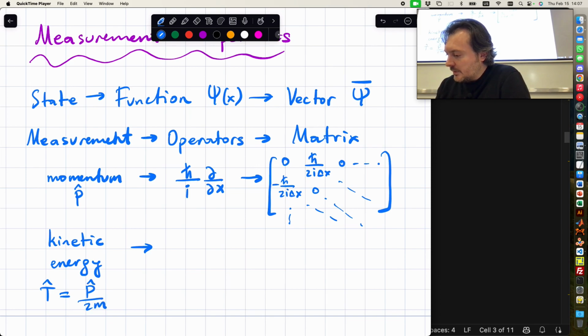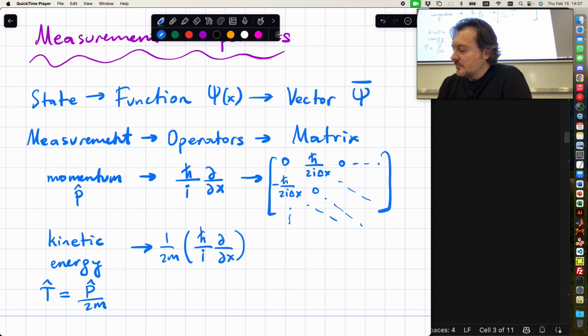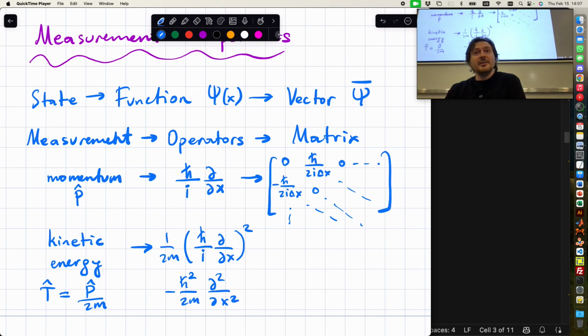So let's do P squared over 2m here: 1 over 2m times P squared. What do you get? Minus h bar squared. Exactly. So kinetic energy is also represented with an operator which is really a matrix.